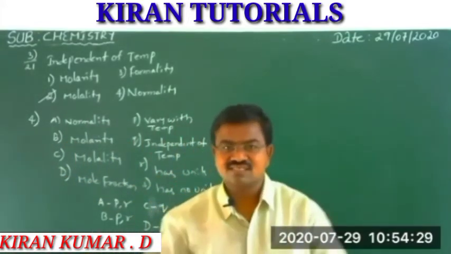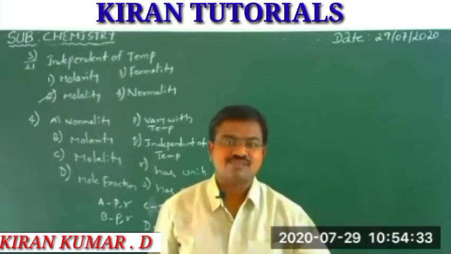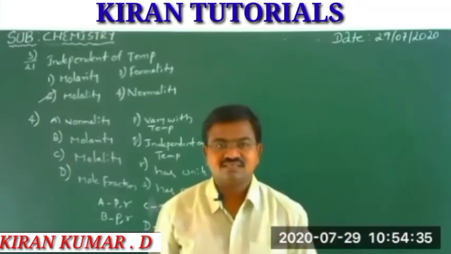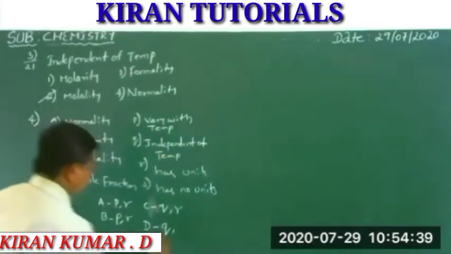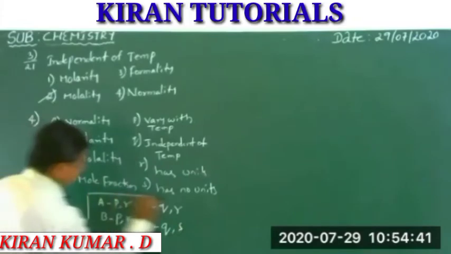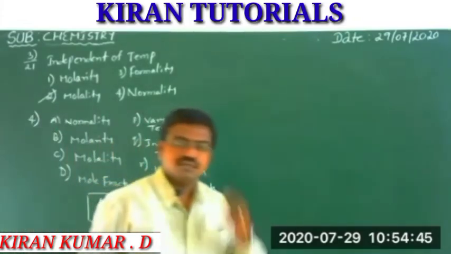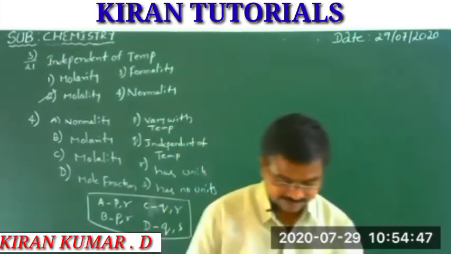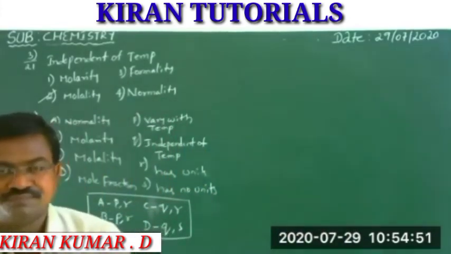Just now we discussed that molarity and normality have units, but there are no units for mole fraction, so S. Yes, it is a correct option. In your JEE Mains book, that is the first option.